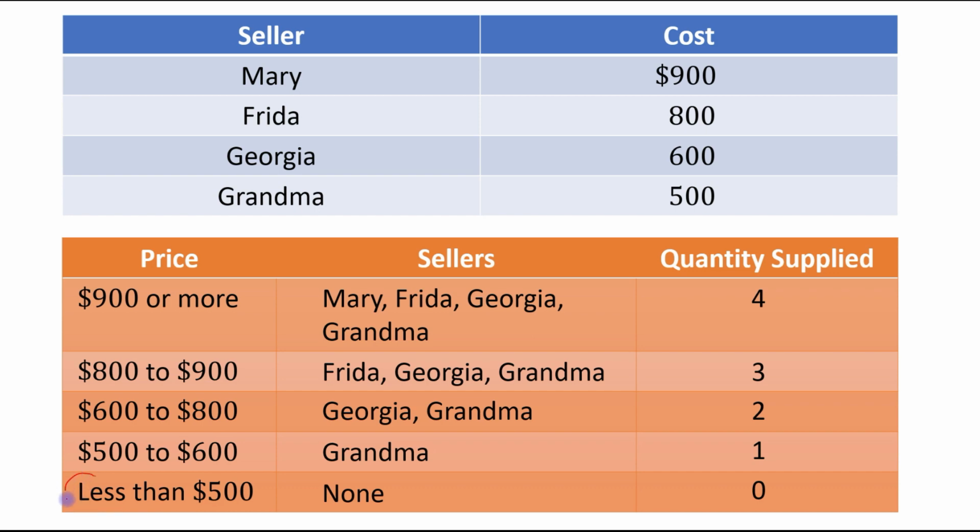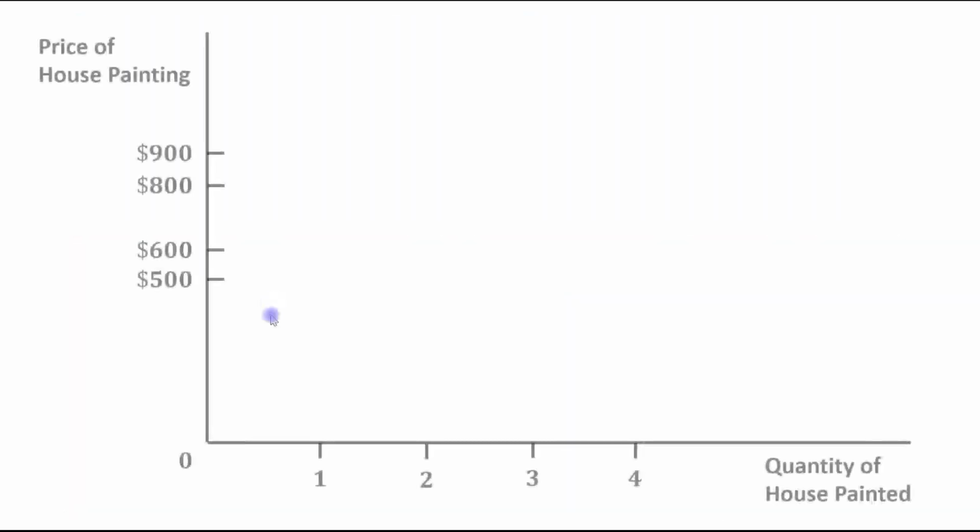When the price offered is less than $500, quantity supplied is 0. So basically we are in this portion. Basically the supply curve will coincide with the vertical axis. Supply curve will look like this. It will coincide with the vertical axis in this portion.